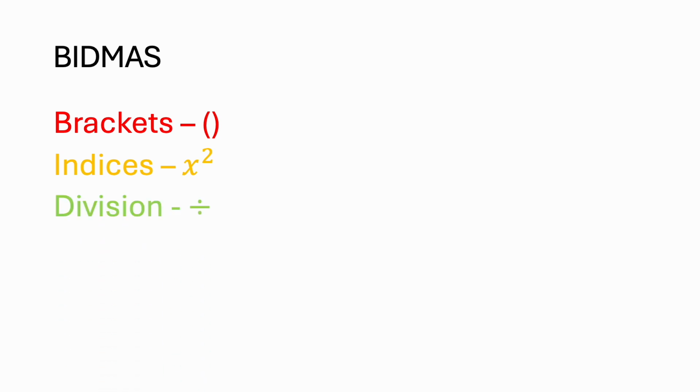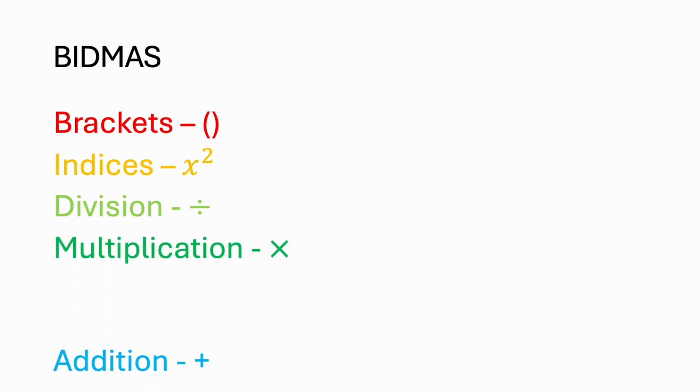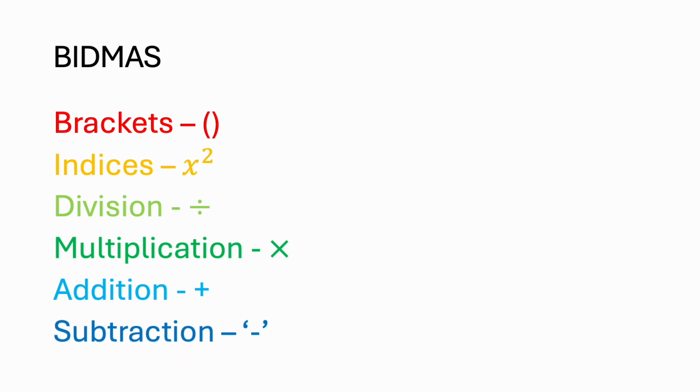First we start with B, which is brackets. Then I for indices, so when you have your squares, your cubes, your to the power of 4s. Then division, then multiplication, then addition, and then subtraction.